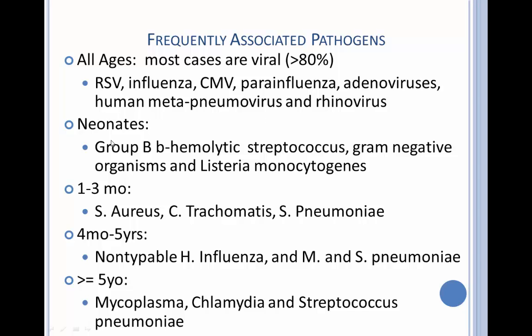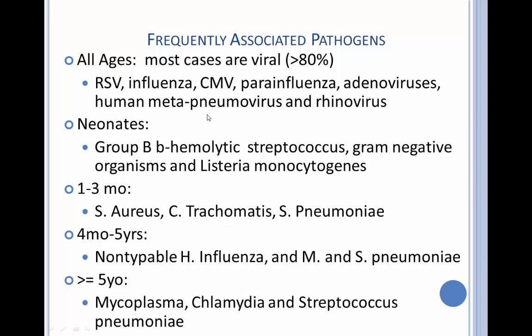In neonates, bacterial infections are from group A beta-hemolytic streptococci, but also gram-negatives could be present. In 1 to 3 months, Staph aureus, but Strep pneumoniae is also present.